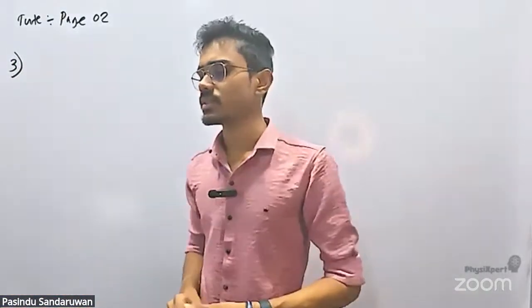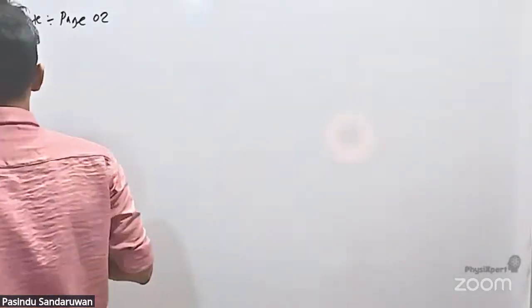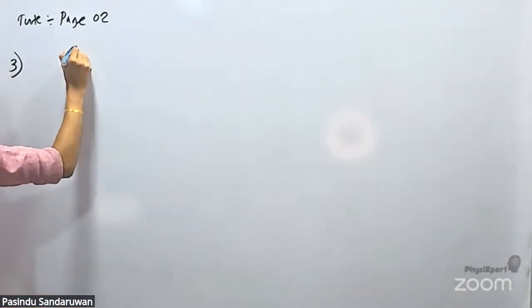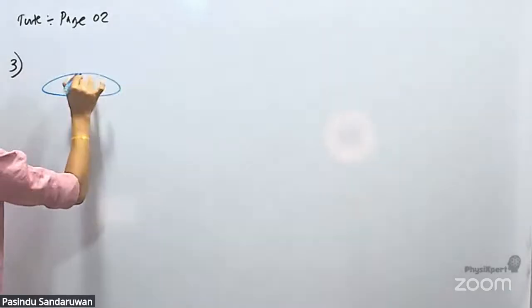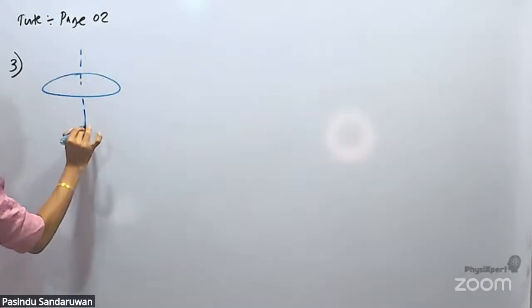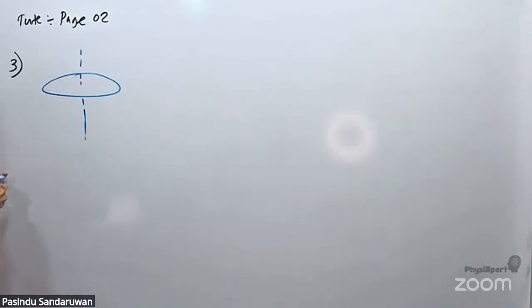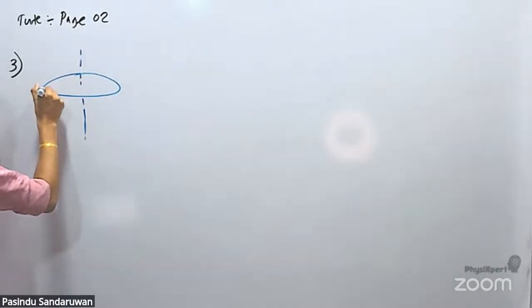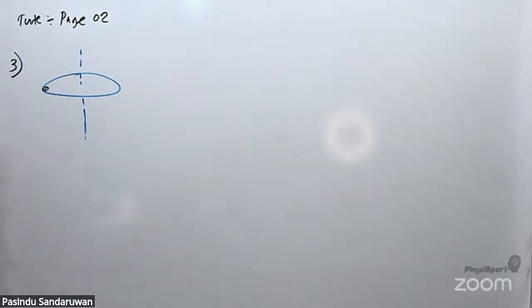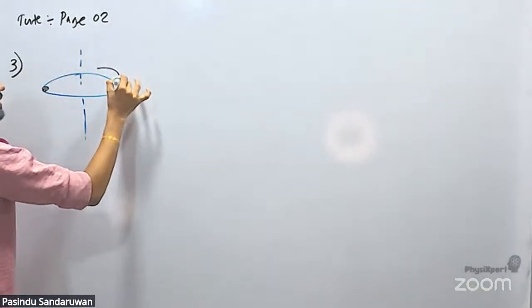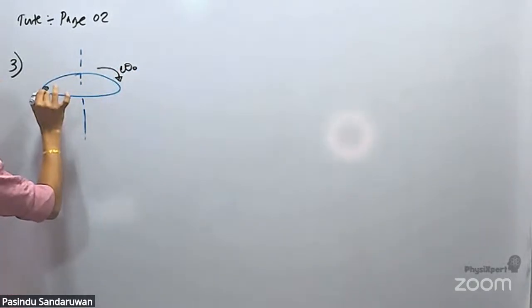So both diagrams are given already. Initially, the ant is at the circumference, r distance. Now this is given as omega naught.